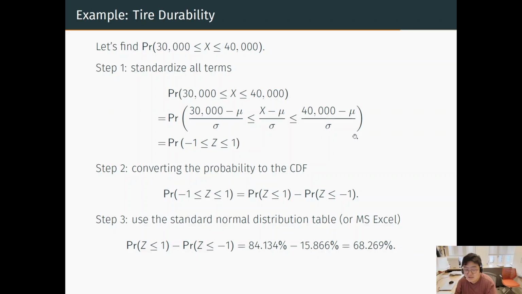So you get standard normal distribution between plus minus 1. And we learned how to find probability between 2 points. It is just the difference between 2 cumulative probabilities, right? Of course, in this case, 1 is the greater side, so probability up to 1 minus probability up to -1. How do you do that on Excel?